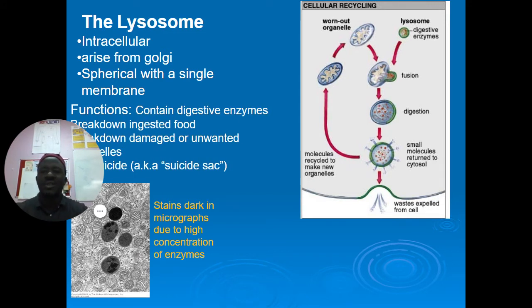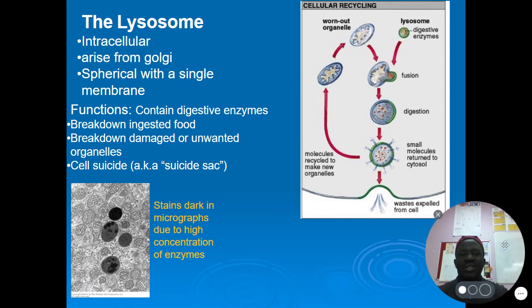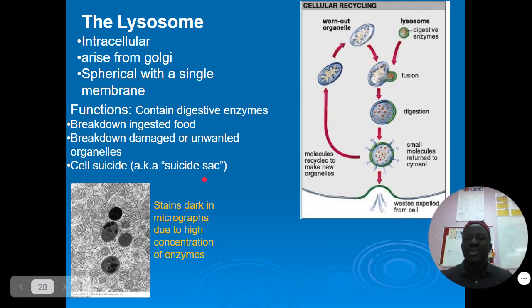Functions of the lysosomes: they contain digestive enzymes that break down ingested food material or damaged or worn out organelles inside. Lysosomes are what we sometimes call suicidal sacs, because they are responsible for carrying out the destruction of any cell or organelle that appears to be worn out or a problem.